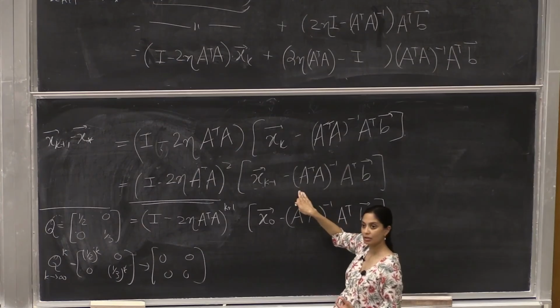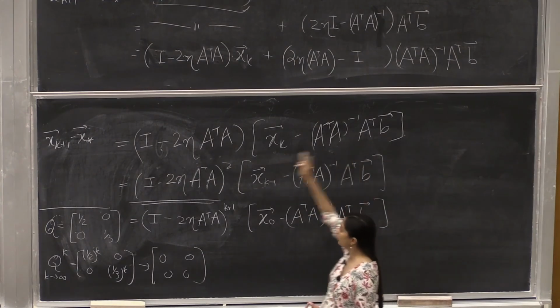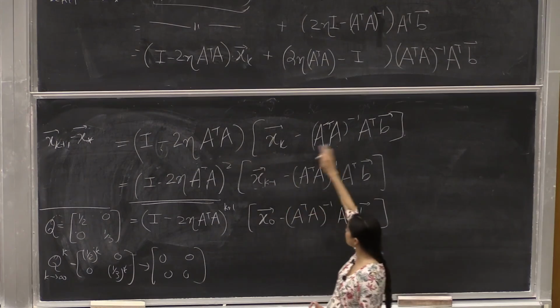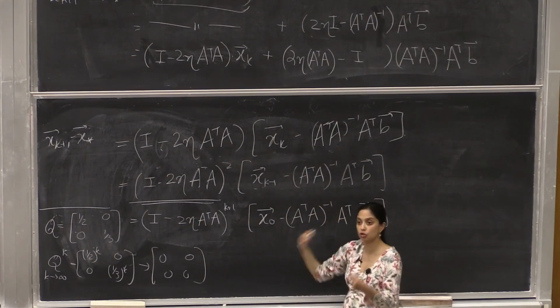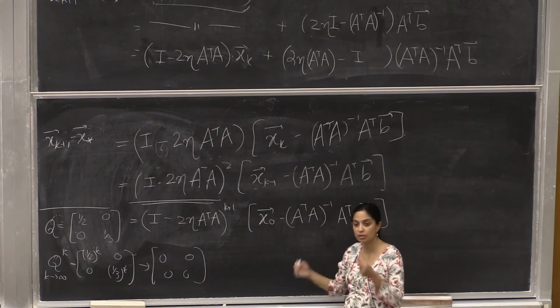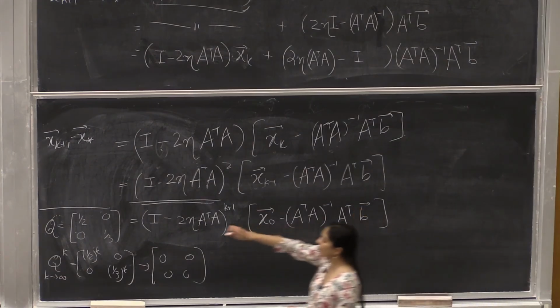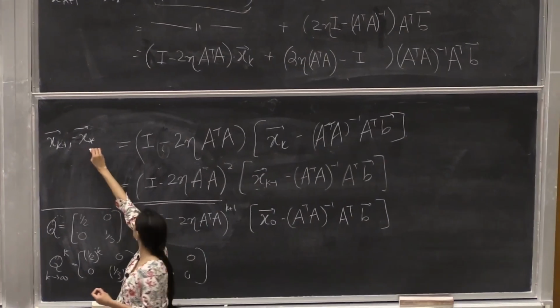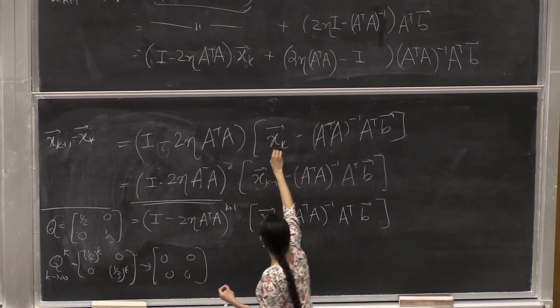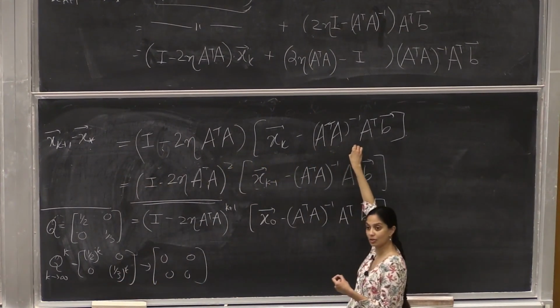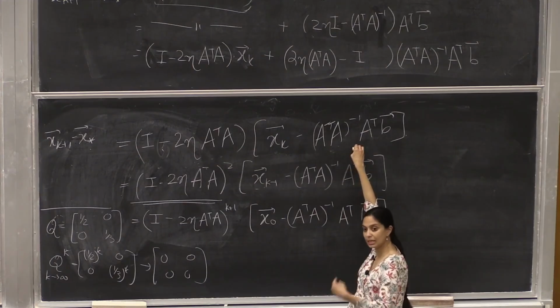I'm replacing this term by this times this replaced with k minus 1. There's nothing but exact recursion. So what have I shown here? I have x_k minus x star is equal to this thing times x_{k-1} minus x star. I'm replacing that exact thing every time.